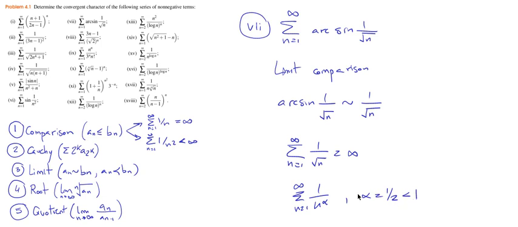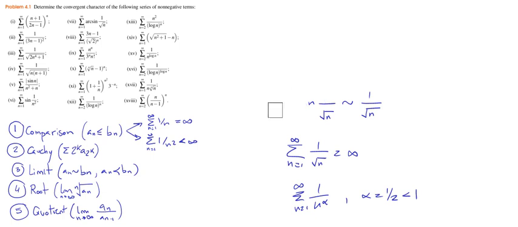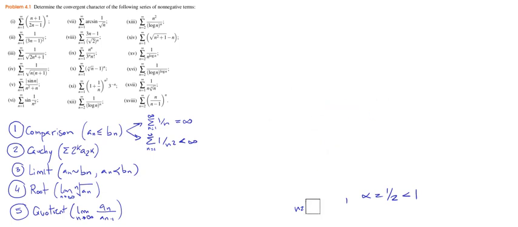If alpha is smaller than 1, the series diverges. Because these two are asymptotically equivalent, this sum is also divergent. Okay, let's go for 8.